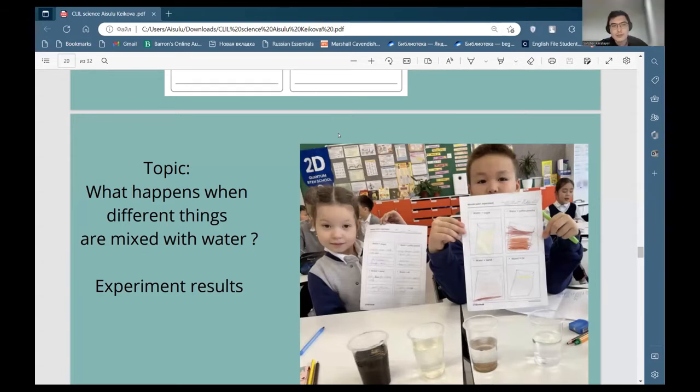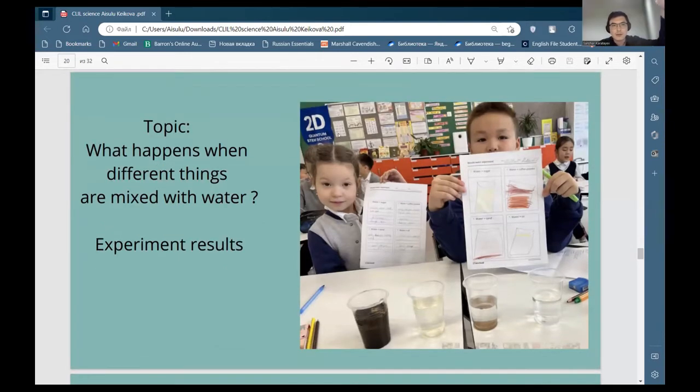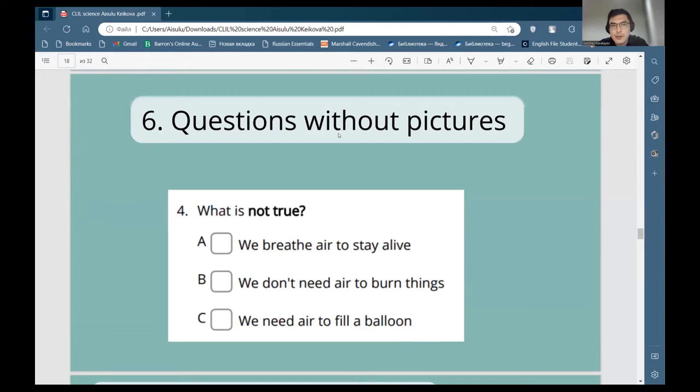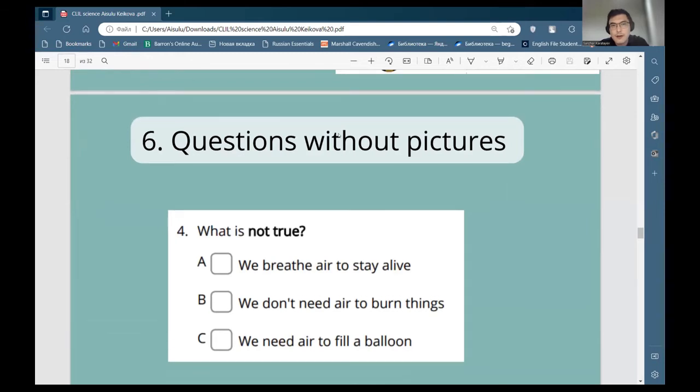Aisulu, can I ask a question just to try to make sense? You just showed us 7 different approaches you can use to scaffold, to help students with more complex language and tasks, right?